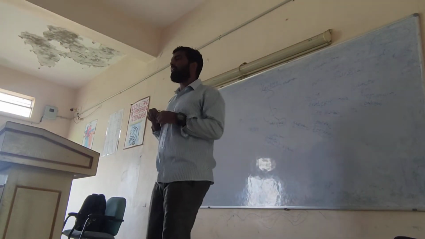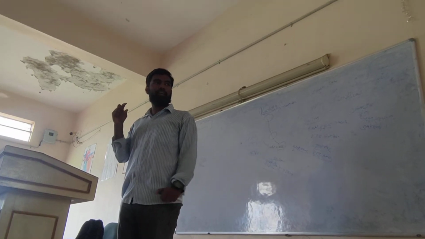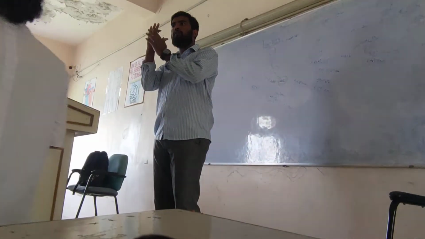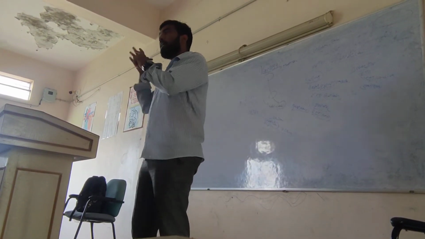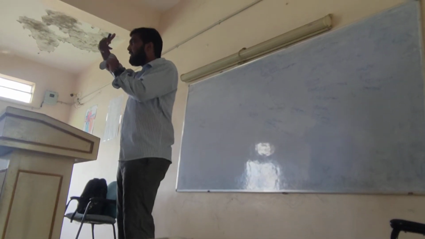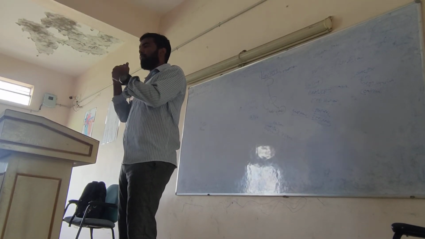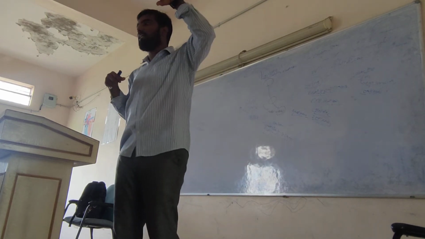In embryonic egg culture, what they do is they take any organism's small egg, which is fertilized. A sperm and an ovum fuse to produce a zygote. That will produce an embryo. In that embryo, they will inject the virus, and that virus will grow there. Some viruses grow in the placenta.